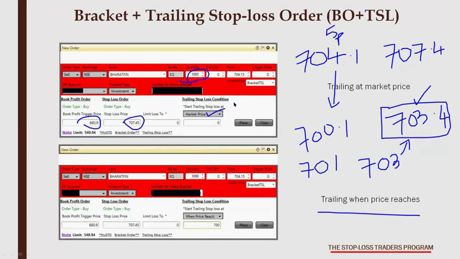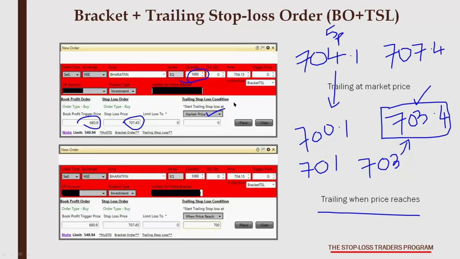So your stop loss, which here is 707.45, it is going to be now 707.4. And by every tick that the market is moving in your favor, it is going to come down. So if it is coming down by now 4 rupees, by 4 rupees it is moving in your favor, so the stop loss price is also going to come down by that much amount.